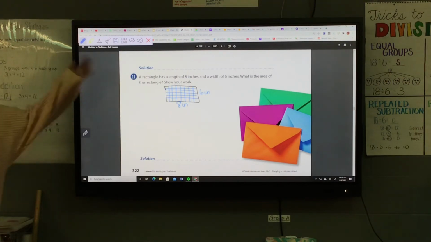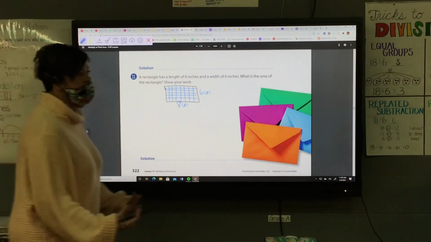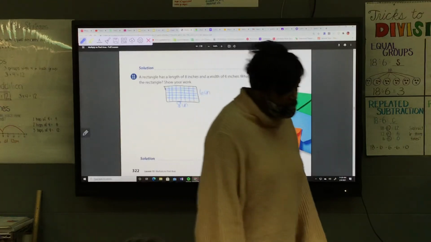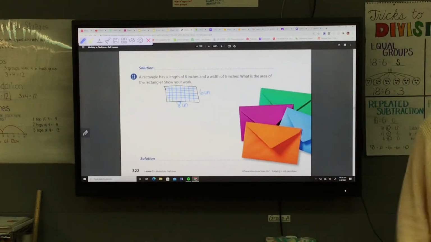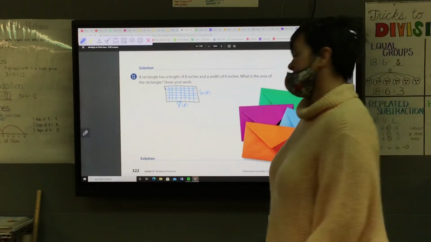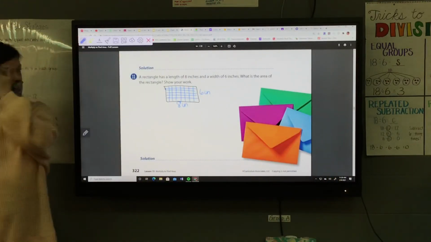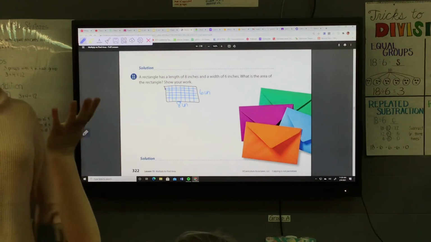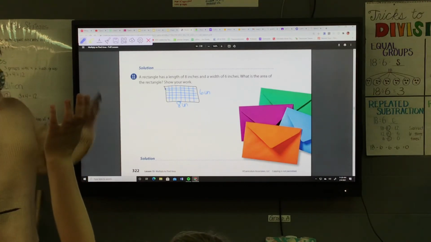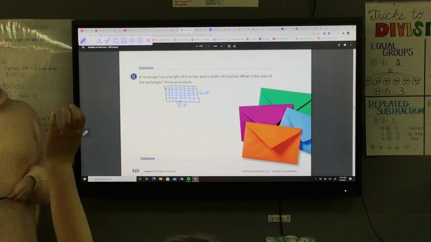Now, could I count every single square? Yes, I could, but if I really know my multiplication facts, what else could I do that would be quicker? What would be faster than counting every single square?